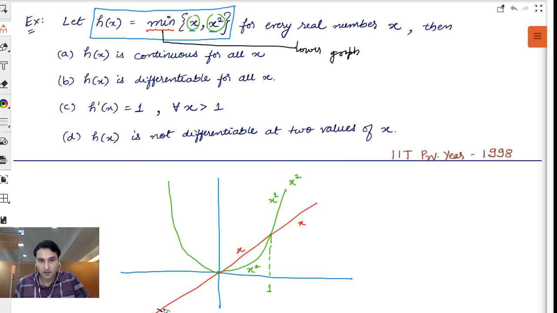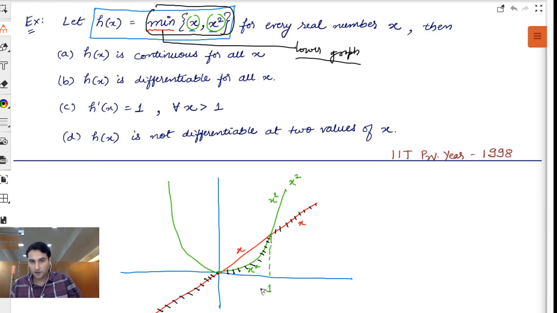The red is lower. So pick up the red one. Now between 0 to 1, which is lower? Between this and this, your green one is lower. And beyond x equal to 1, which is lower between green and red? The red one is lower. That shaded portion is your graph of the function which the question is talking about.